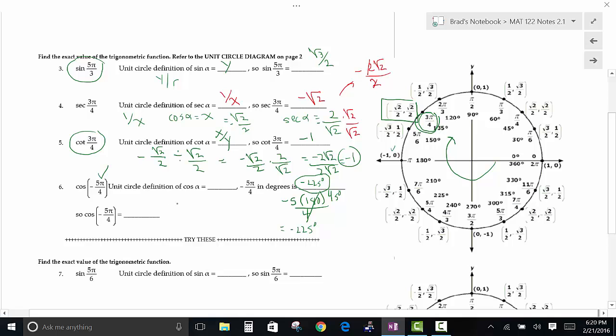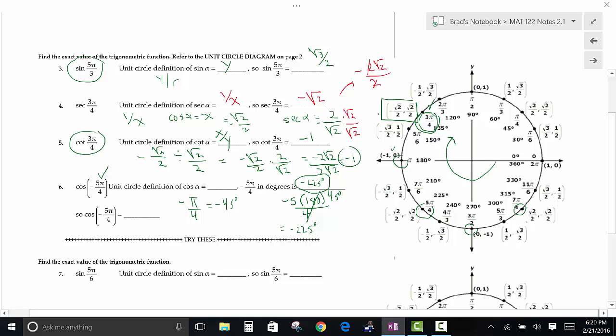Another way you could do this, I like to teach students, is, hey, negative pi over 4 is negative 45 degrees. So just count to 5, okay? I count, that's negative 1 pi over 4, negative 2 pi over 4, negative 3 pi over 4, negative 4 pi over 4, so that's negative 5 pi over 4.